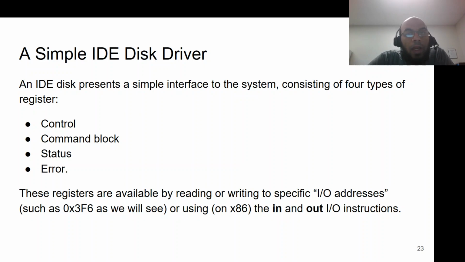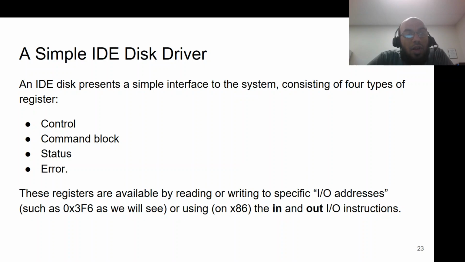So let's get back to the interface part. A typical disk driver interface, regardless of its type, will have a control register, some command block registers, many of them, a status register, and an error register.